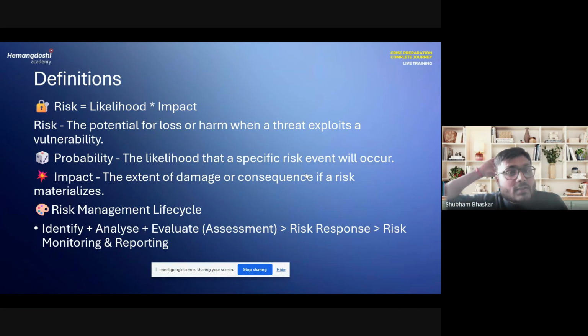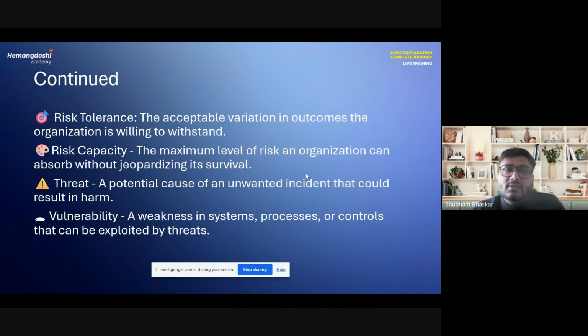We'll study the risk management life cycle in detail, which is the whole life cycle from the cradle to the grave of risk: how we identify risk to how we keep on reporting and monitoring it, right? And risk tolerance, simple: how much risk an organization is willing to tolerate, the acceptable variation, right?